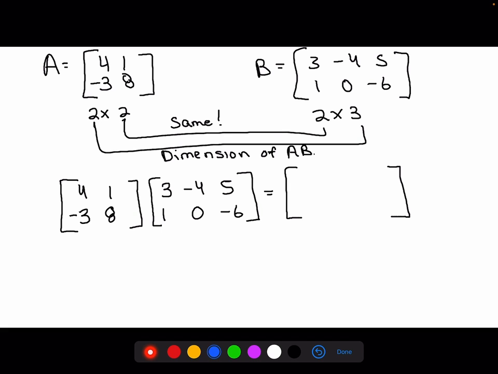So in our first multiplication, we will look at row 1, column 1. Since we're looking at row 1, column 1, our result will be in position (1,1) in the answer. We take the 4 times the 3 plus the 1 times the 1. So 12 plus 1, which is 13.